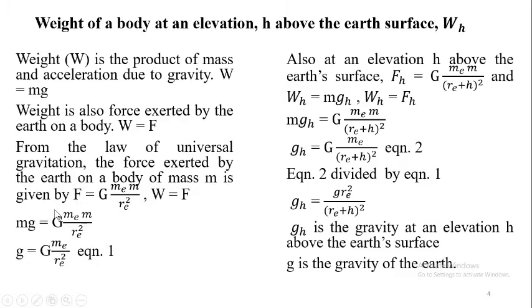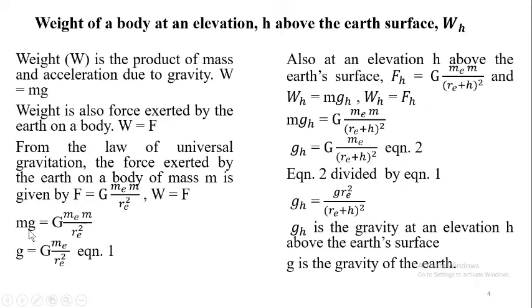Now, from the law of universal gravitation, the force exerted by the Earth on a body of mass m is given by F equals G, the universal gravitational constant, times the mass of the Earth times the mass of the body, all over the square of the radius of the Earth. Now, if W equals F, then we can equate these two equations. That's W equals mg and F equals this expression.